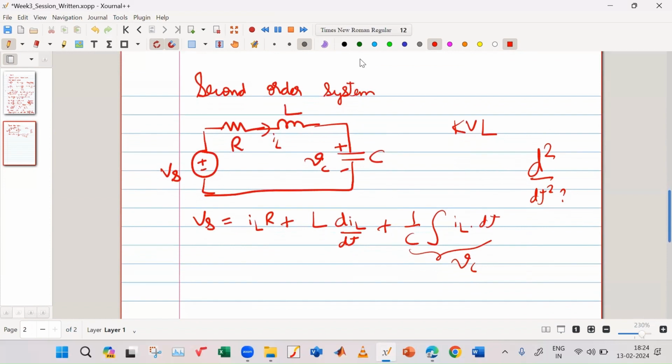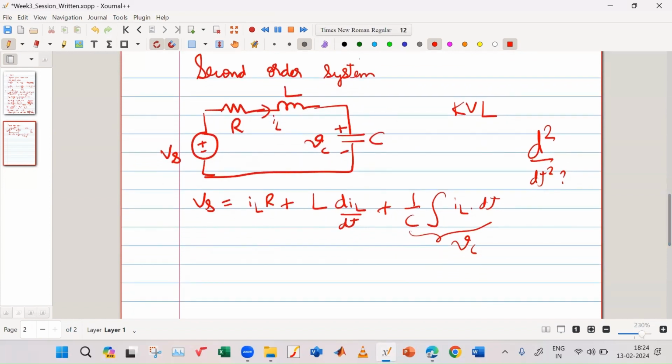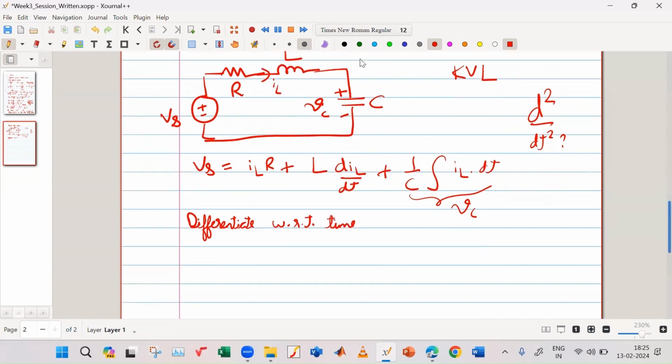So what we have to do is differentiate with respect to time.